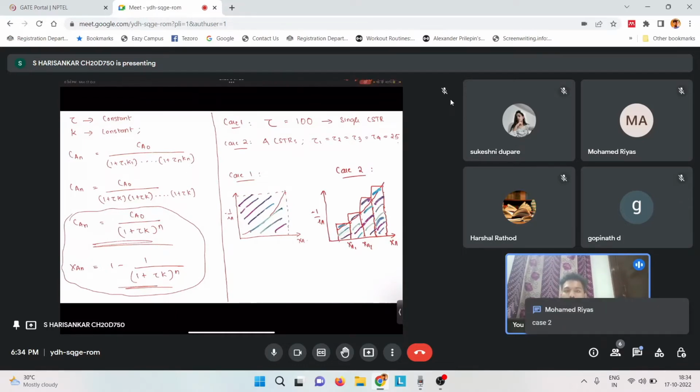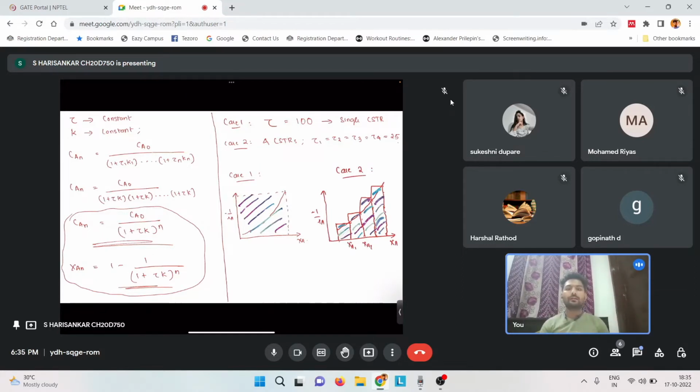Yes, case 2 gives you the lesser area. So what this basically means is in both the cases you are achieving the same conversion. Let's say your conversion is something around 70% or 80% or whatever. In both case 1 and case 2, your final conversion is basically the same.